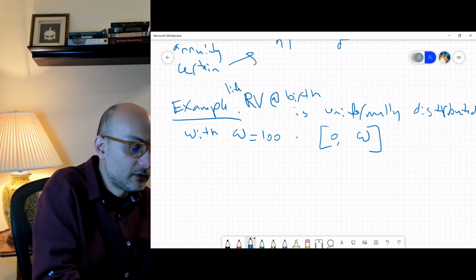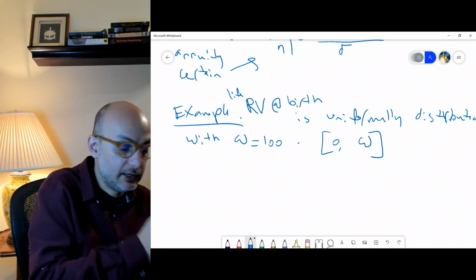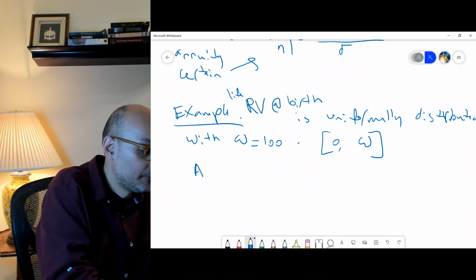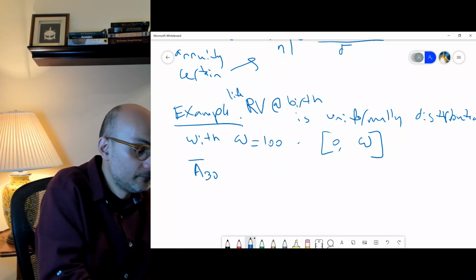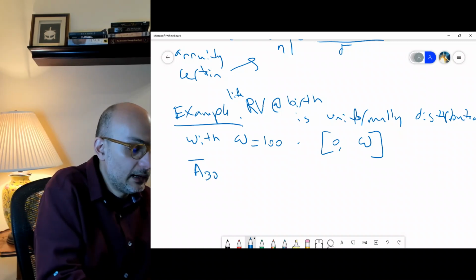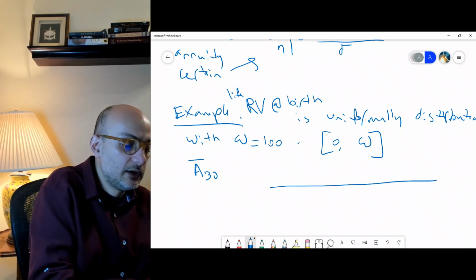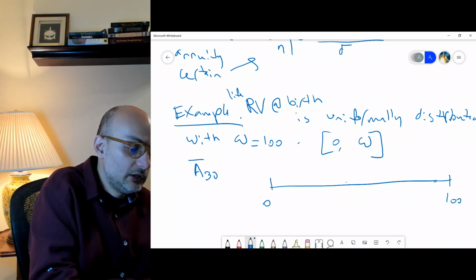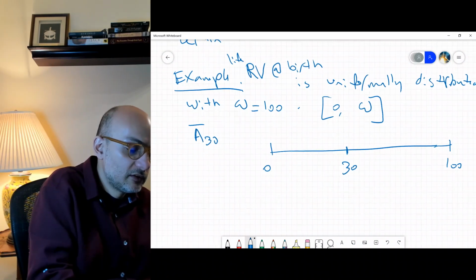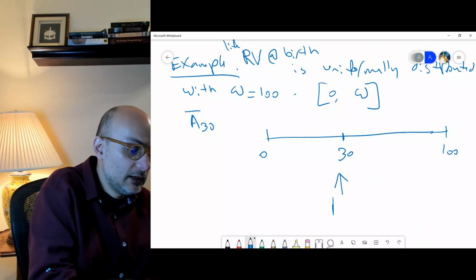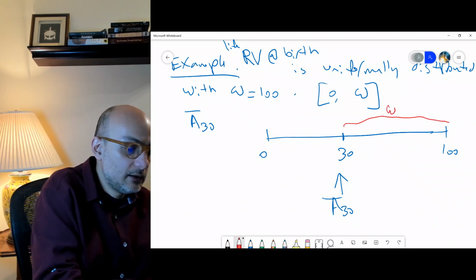Now we want to find, let's say for age 30, A bar 30, and then we need to find the variance. Let's draw what we are looking at here. This is time 0, this is time 100. We reach age 30, so we want to evaluate A bar 30 here, right? So the remaining lifetime becomes omega minus x, which is 70.